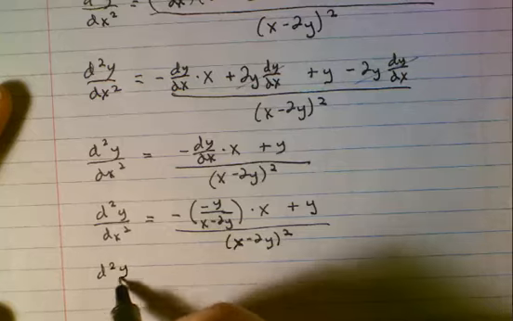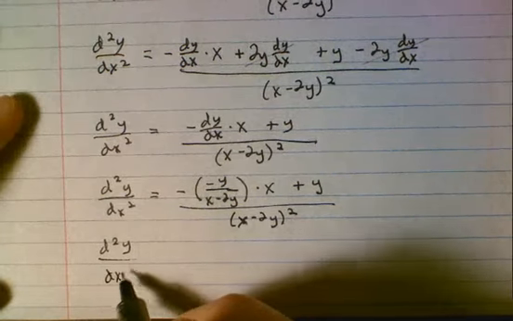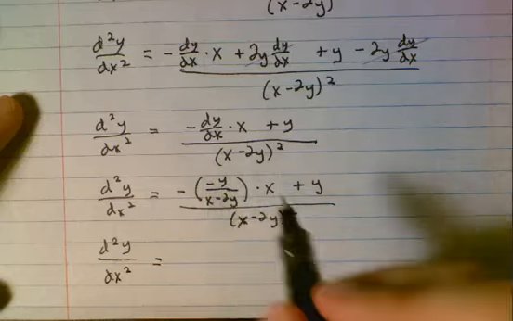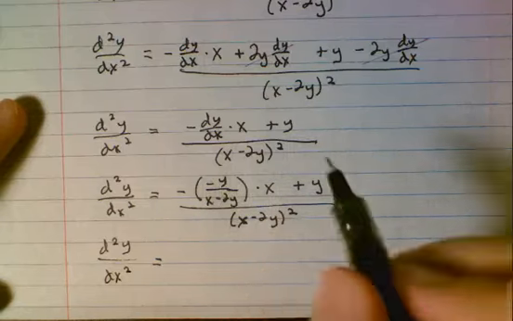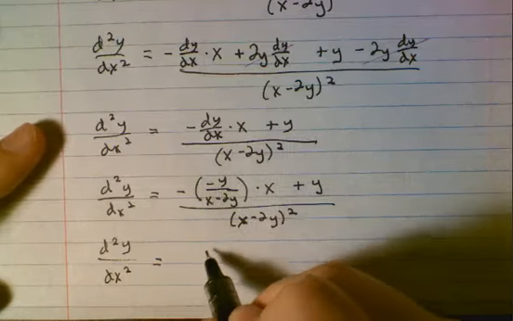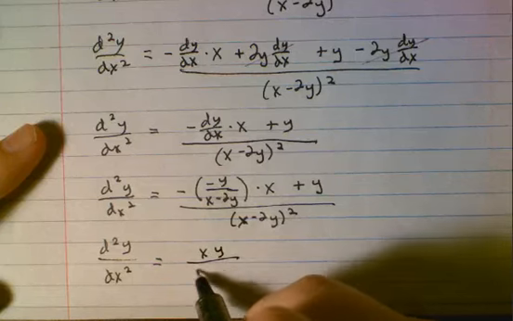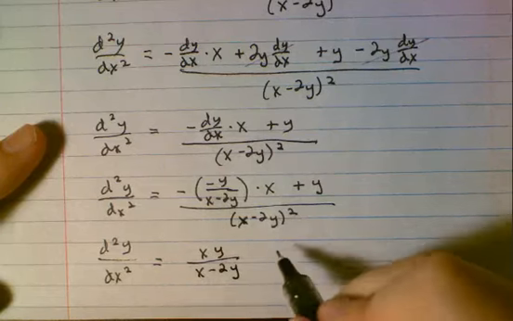Second derivative. Negative times a negative is a positive, and we've got that x there. So we've got positive xy over x minus 2y.